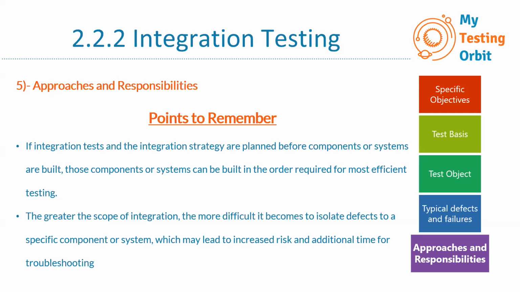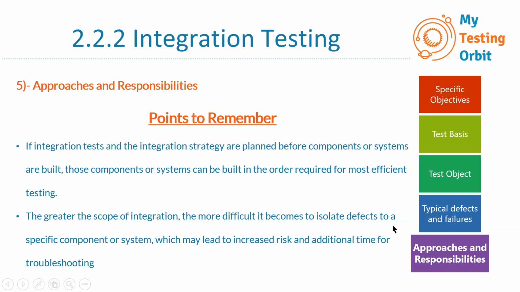Let's say we haven't allocated time for continuous integration, and we say that when all the components are ready, at the end we will merge all of them and see what issues there are. But what it's saying here, the greater the scope of integration, means that if there are more components which we'll be integrating at the same time, then it will be difficult for us to isolate defects.